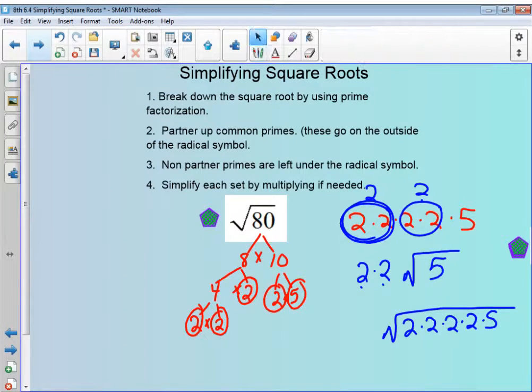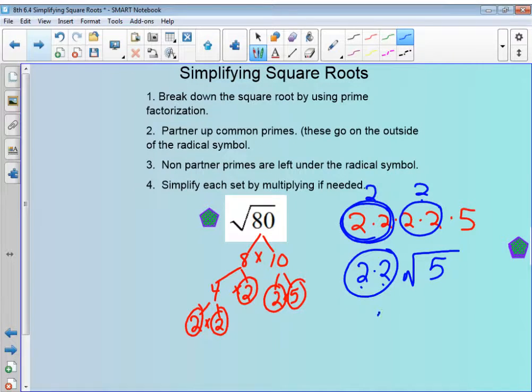Okay, so now I'm going to simplify where I can, and that would be, well, there's nothing left to simplify with the 5, but I could simplify out in the front, 2 times 2, which gives me 4, and then I'm going to write the square root of 5. Okay, the way that they taught out of the book was they asked you to list all of the factors of 80, and then find perfect squares.